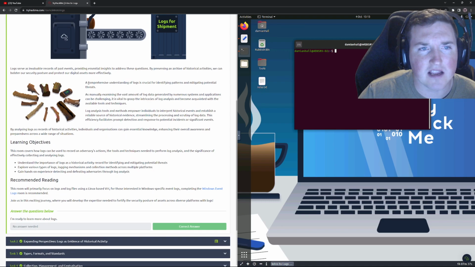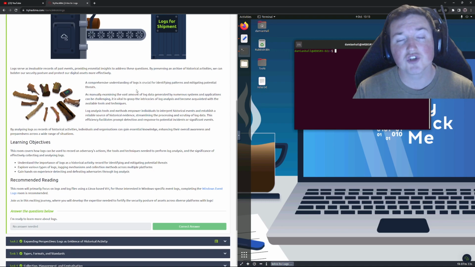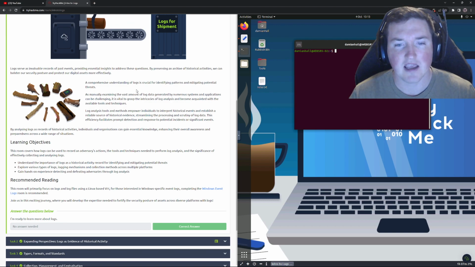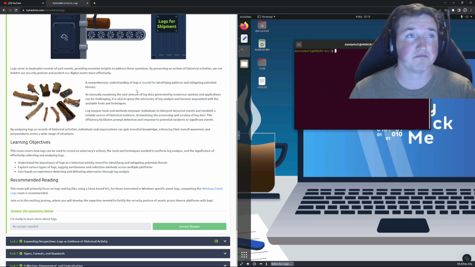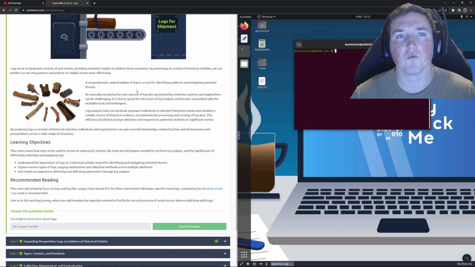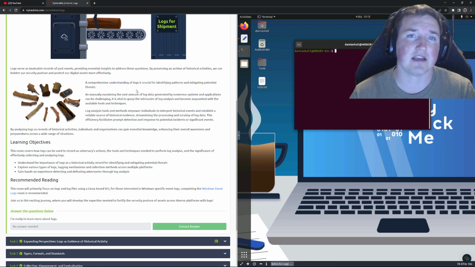Now, a comprehensive understanding of logs is crucial. This is true if you are a level 2 SOC analyst or engineer or whatever it is. A lot of people ask me what's the difference between a level 1 and level 2, because some companies won't say, hey, this is a level 1, this is a level 2. I get it. The difference really is only experience and skill set.